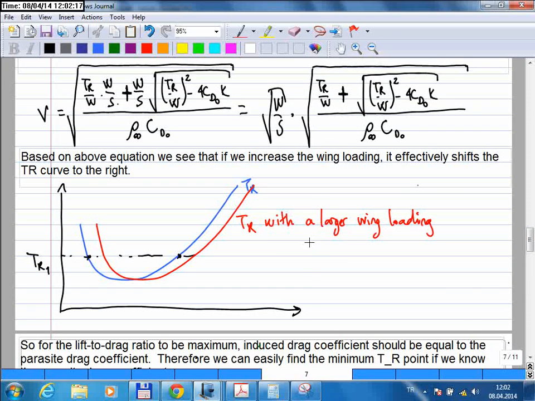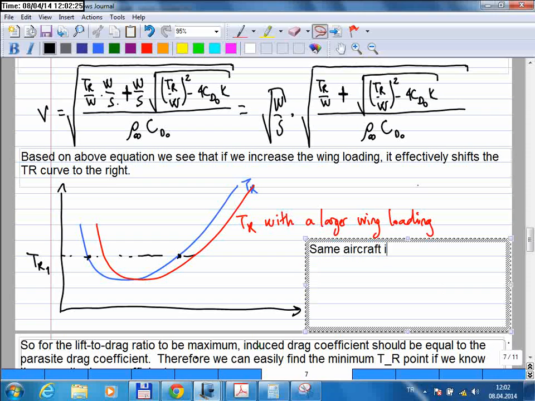So let me just write a small note here. Same aircraft with a larger wing loading can fly faster with the same thrust value.